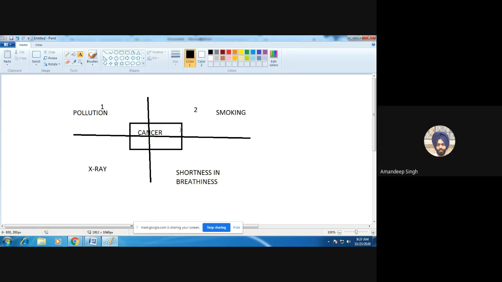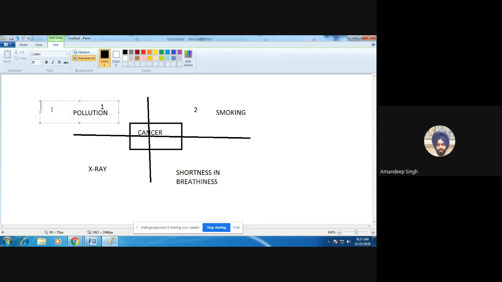So Bayesian networks is all about concluding some values based upon probability theory, and it also uses directed graphs, right? For all these four scenarios, that is pollution, smoking, shortness of breath and X-rays, we tried to compute the CPTs.